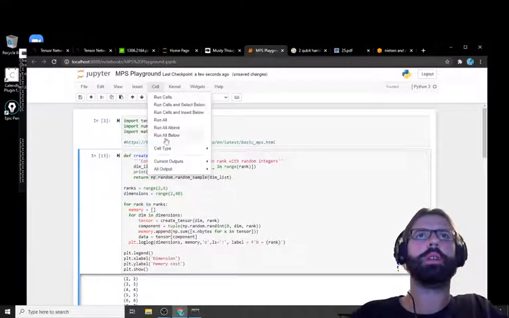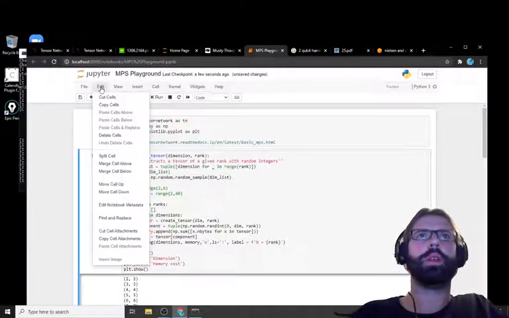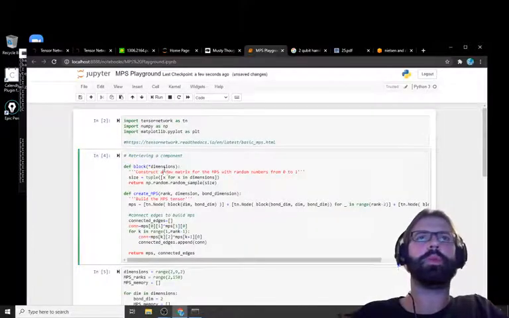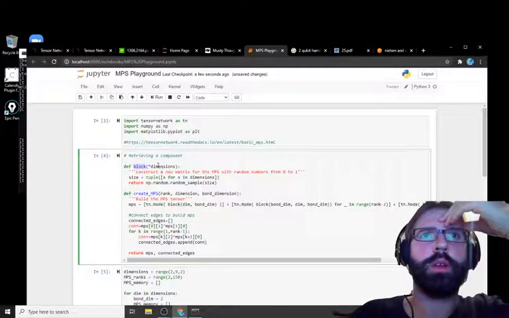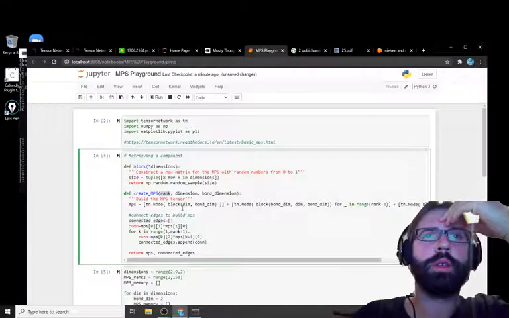So cell, edit, delete cells. Cool. So what we do here is we create a block. So the dimensions will be 2. Create an MPS of rank 2, I guess that's what you're doing.